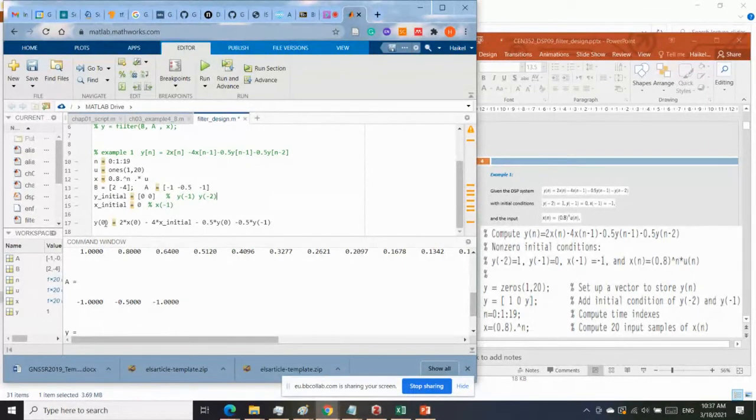So the first value is supposed to be y0. We should compute y0, which is 2 x0 minus 4 x minus 1 minus a half y minus 1, then minus a half y minus 2.